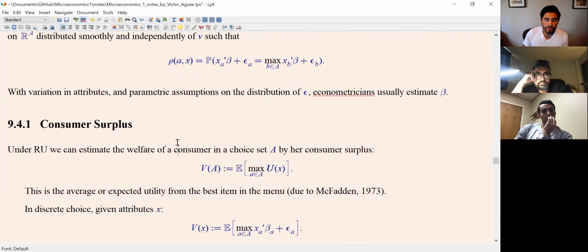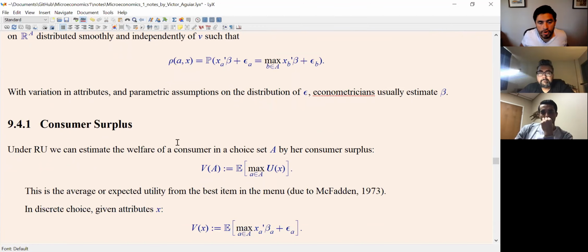Now, if you change the distribution of epsilon, you'll have different answers, right? That's the key. And a little bit the question is, is there something you can do without assuming the distribution of epsilon? And the answer is yes, you can do something if you have choice set variation.